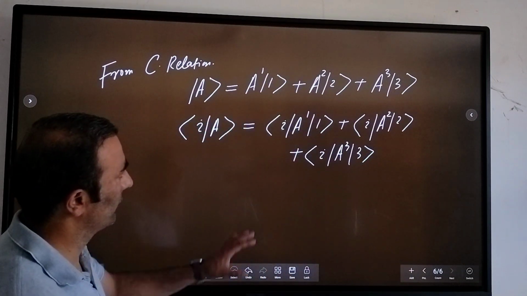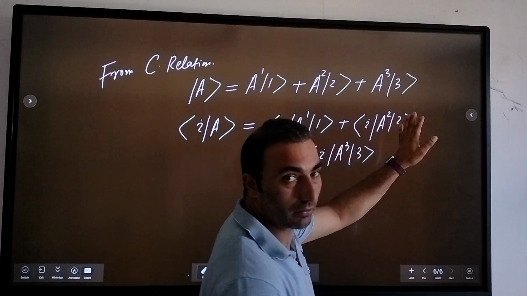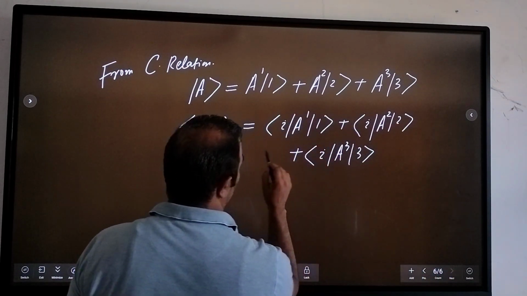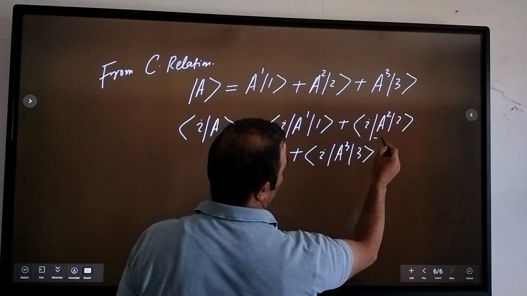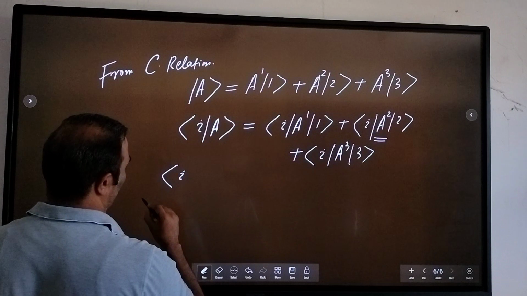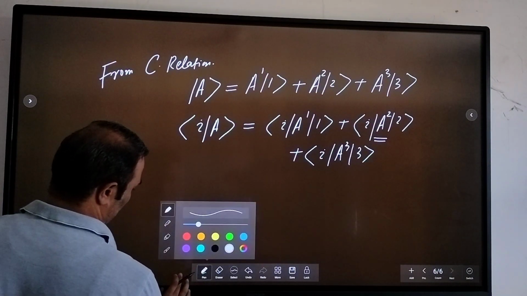Okay, so this corresponds to the J component, right? Because this term, if I evaluate this one, you can write it here. Better is to write here because I need to write here.